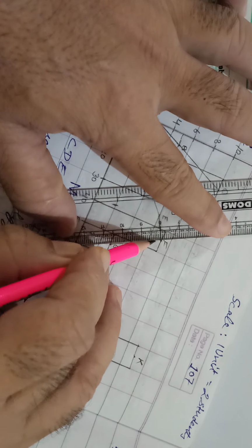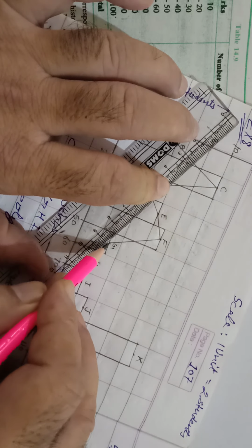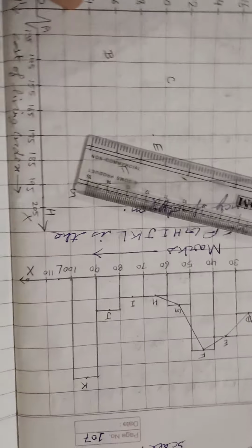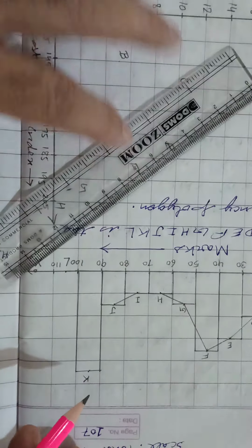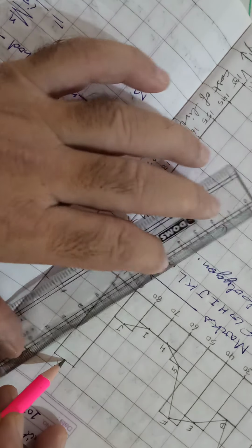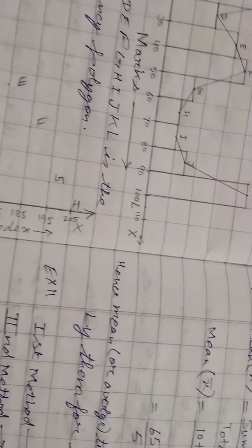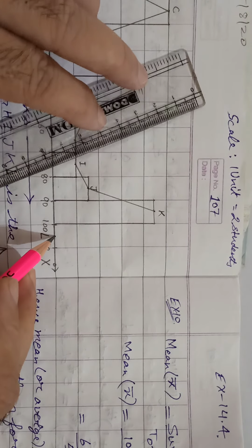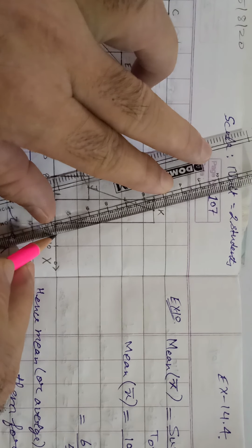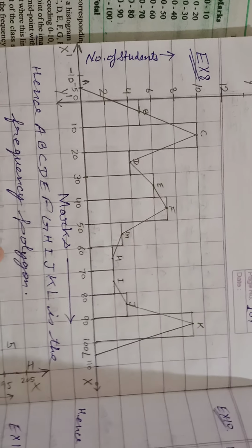Join FG, GH, HI and IJ and JK and KL. This is your required polygon.